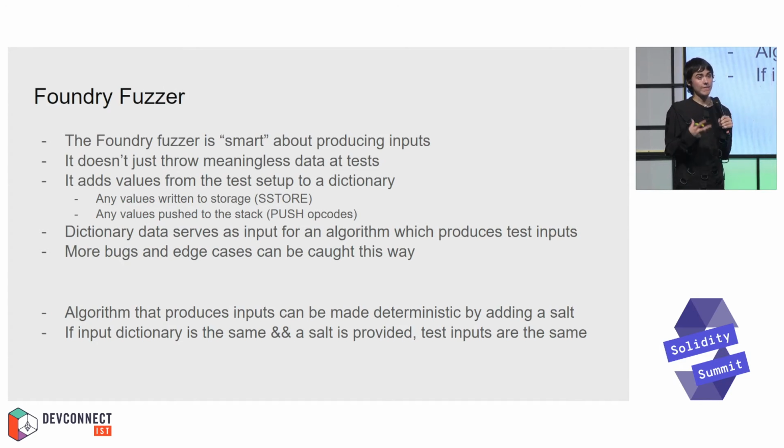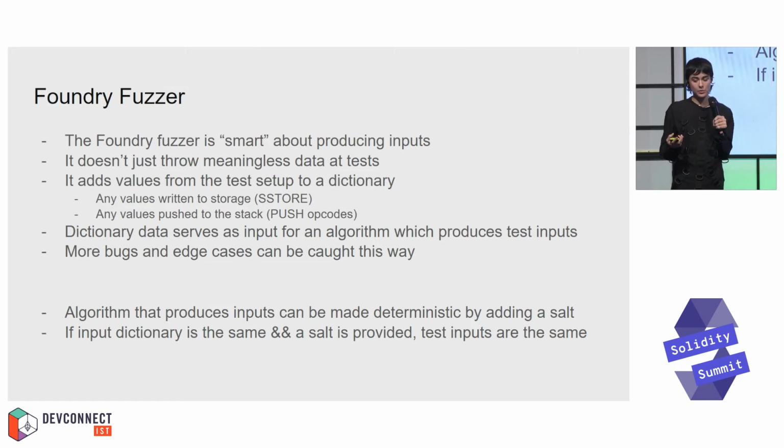It will throw any values from your test setup environment into this dictionary, specifically any values written to storage at any point during the setup, and any values pushed to the stack at any point during setup. It populates this dictionary with these meaningful values, and this dictionary serves as inputs for an algorithm that outputs your test inputs.